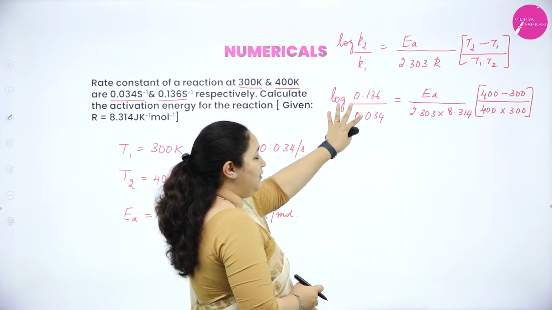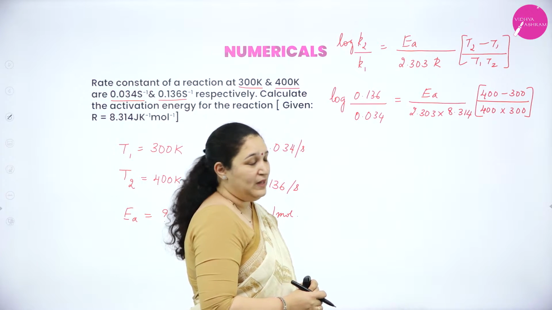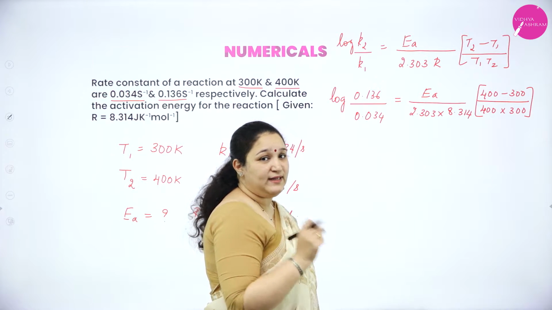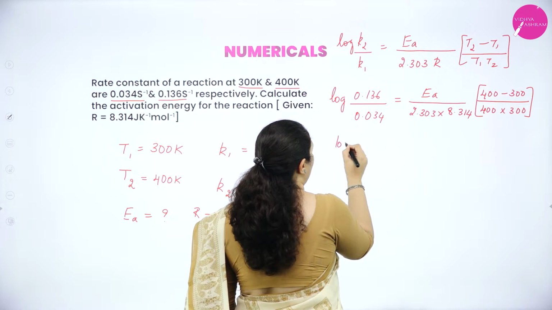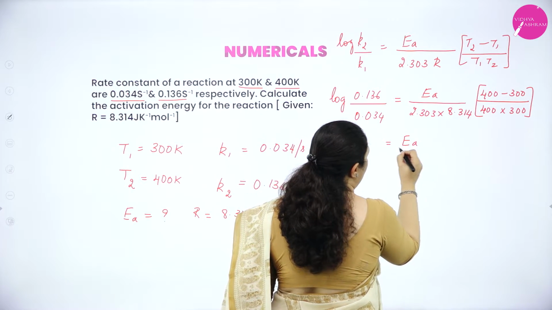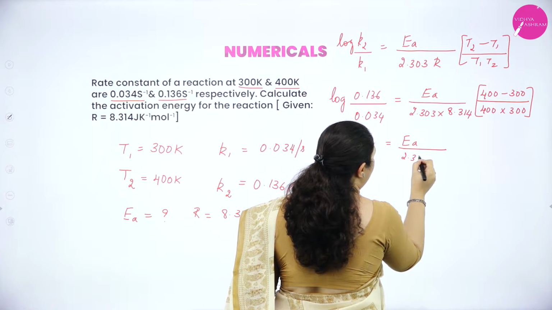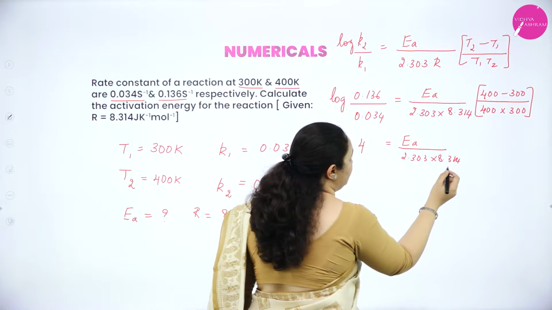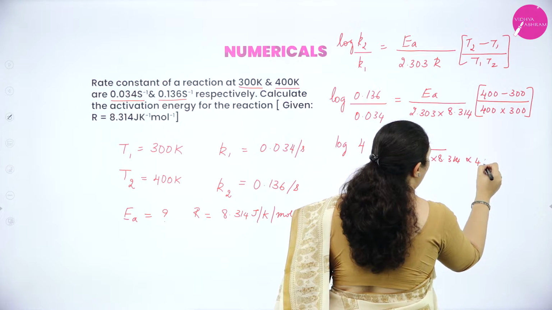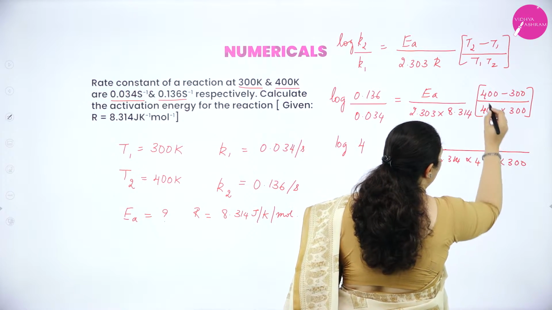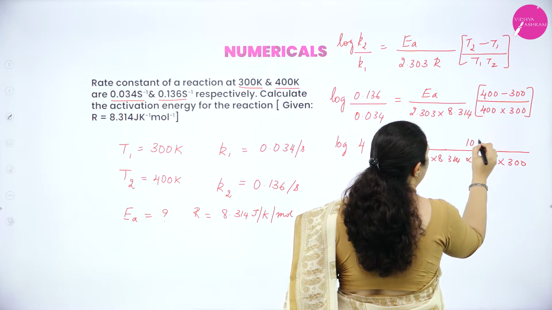First you solve log, that is you divide these two numbers, you will get log 4 is equal to EA by 2.303 into 8.314 into 400 into 300, and in the numerator 400 minus 300 you have 100.